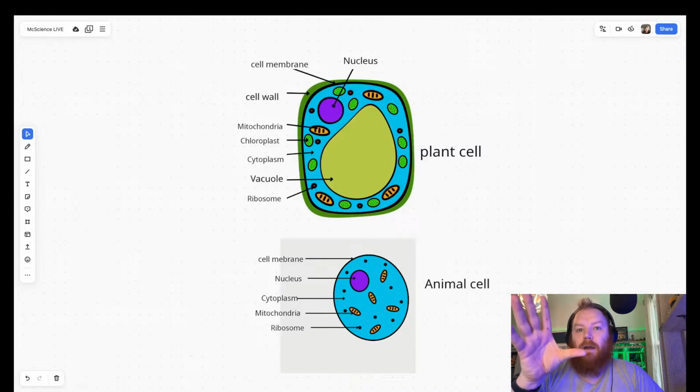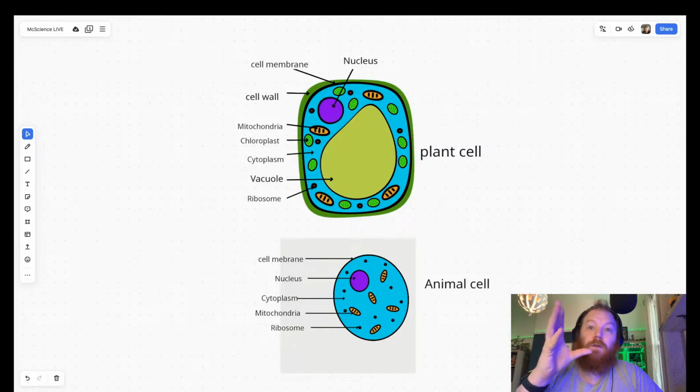So bacteria, they have a few differences. Now, because bacteria is so small, they don't have mitochondria inside them or chloroplasts, because bacteria don't photosynthesize. But they do have a cell wall because they are single cell organisms.